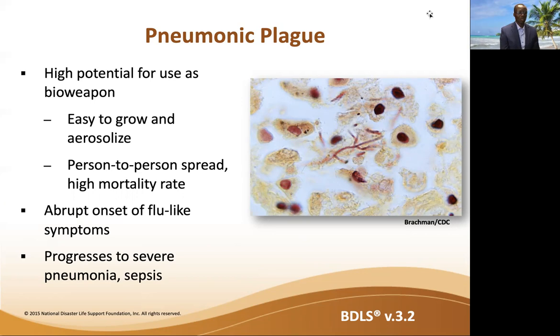Symptoms include abrupt onset of flu-like symptoms, including high fever, chills, cough, shortness of breath, chest pain, nausea, and vomiting. This evolves into rapidly progressive pneumonia, respiratory failure, and overwhelming sepsis.